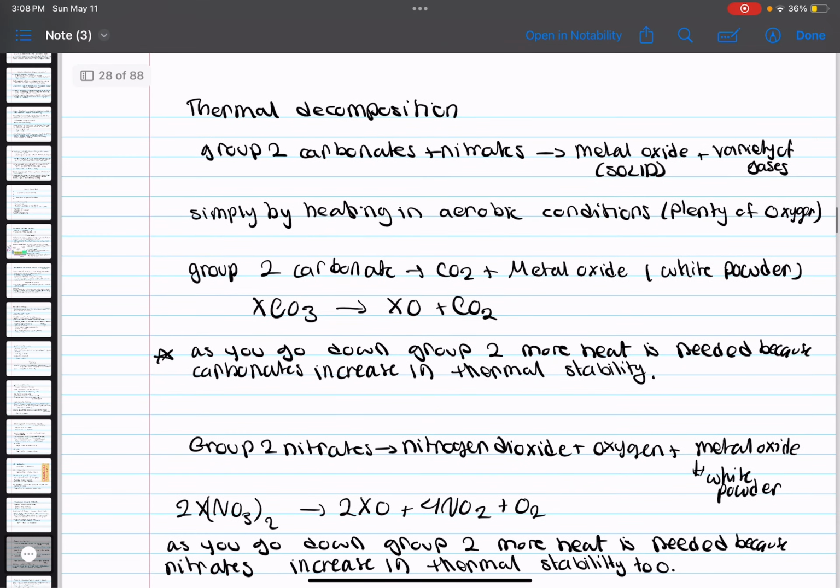Okay, now thermal decomposition. Group 2 carbonates and nitrates make metal oxide, which is a solid, plus a variety of gases. This is a vigorous reaction, done simply by heating in aerobic conditions, which means plenty of oxygen. Group 2 carbonates make CO2 and metal oxide, again a white powder.